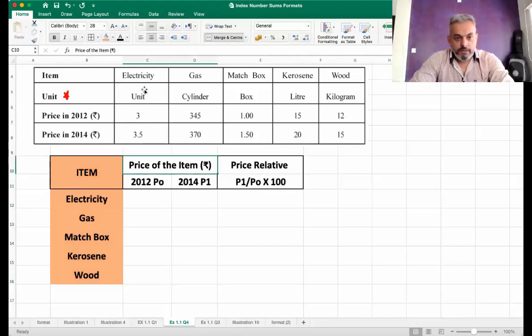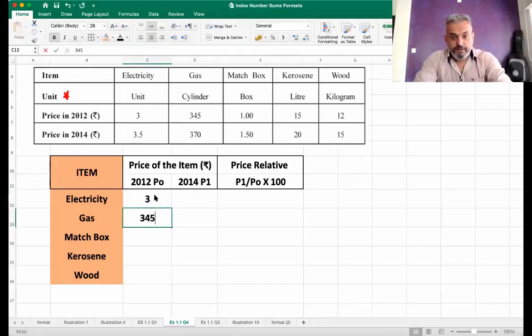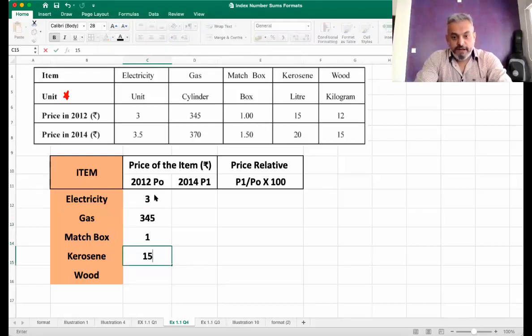So basically electricity, gas, matchbox, kerosene and wood. P0 is price of the base year and P1 is price of the current year. So let me write this first. 3, 345, 1, 15 and 12. Please be careful about it.